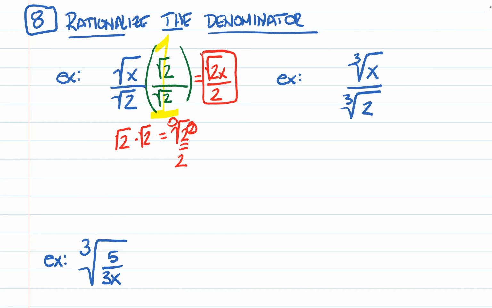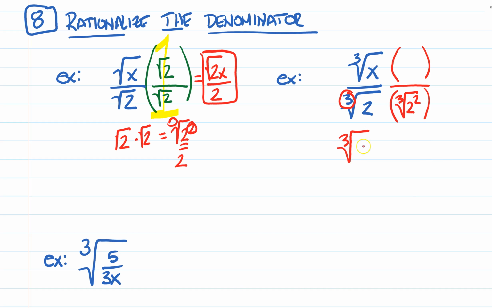Now, the second example is a little bit more tricky because notice I have a cube root. So what I want to do is ask myself, okay, what can I multiply top and bottom by so that I end up with something with a cube root of 2 to the third? Well, that would be the cube root of 2 squared. Why is this true? Because look at the bottom.